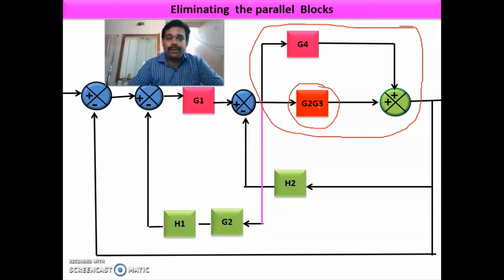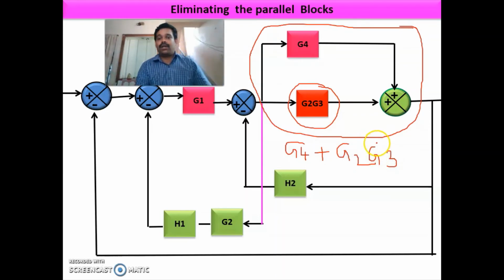The gain of the combined block is the sum of the individual gains of the two blocks. Here this block has a gain of G4 and this block has a gain of G2 G3, so the gain of the combined block is G4 plus G2 G3.